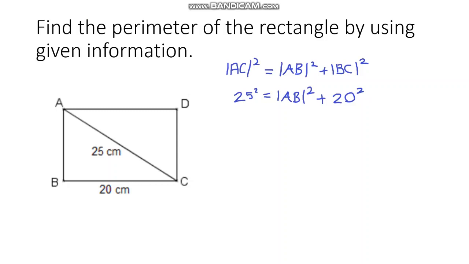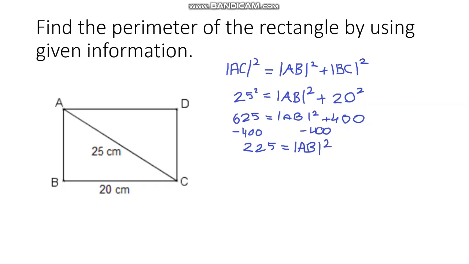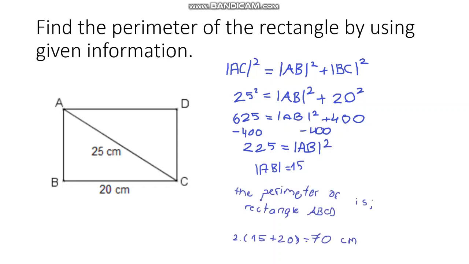It is 25. 25 squared is equal to our unknown side squared plus 20 squared. 625 is equal to the square of AB plus 400. If I subtract 400 from both sides, I find 225 is equal to the length of AB squared. If I take the square root of both sides, I can find the length of the AB side. It is 15. The perimeter of rectangle ABCD is 2 times 15 plus 20, and it is 70 centimeters.